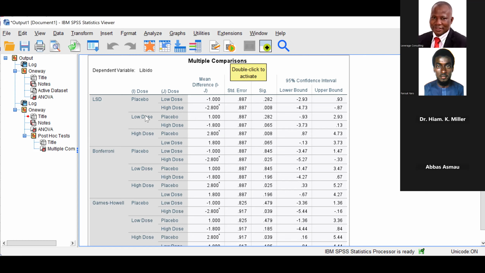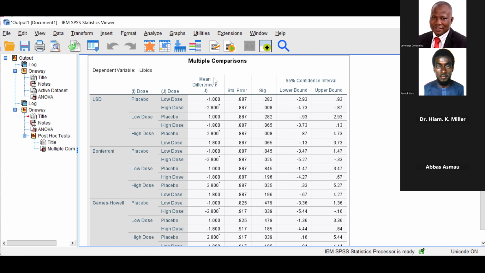Low dose is 3.2, high dose is 5. So when you remove 3.2 from 5, it gives you 1.8. The same thing here, high dose, low dose. So can you see now? So if you go to Bonferroni again, it's the same thing. Let's now look at the level of significance. Let's look at the significance, which is the p-value.